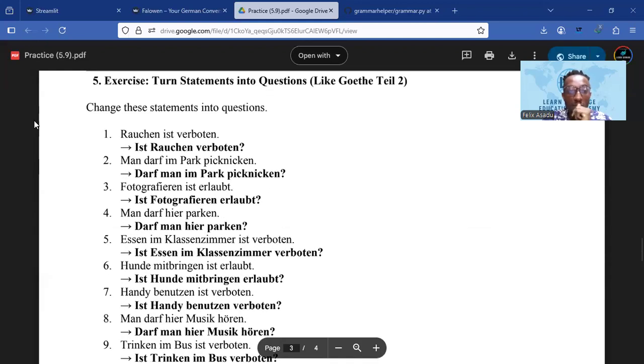So more examples here. We have Rauchen ist verboten. The question we bring is ist Rauchen verboten? We will come back to this one. So fotografieren is allowed. So ist fotografieren erlaubt? So this one is the question, and this is going to be the statement.